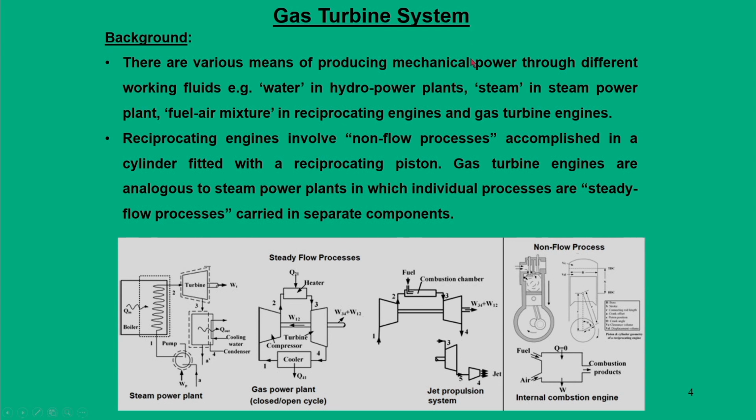But previously, before gas turbine systems, there were many other methods in existence for power generation. For example, mechanical power was produced by using working fluid, that is water in hydropower plants, steam in steam power plants, fuel air mixture in reciprocating engines.